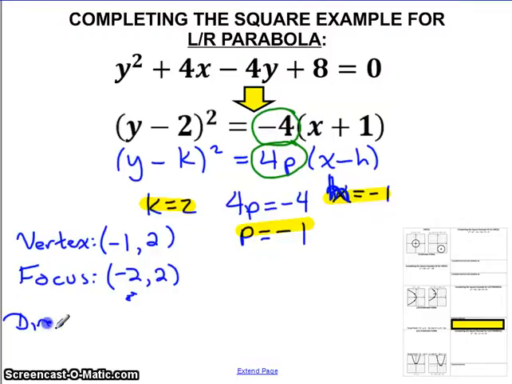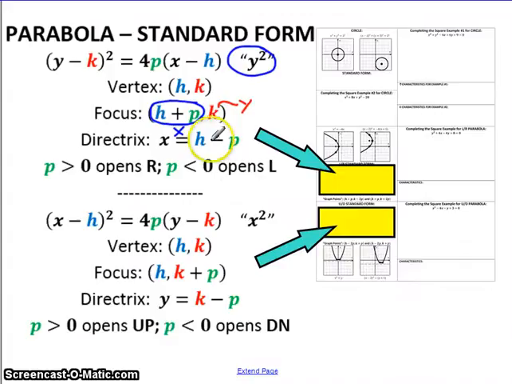The directrix line, same idea. Our formula for the directrix line is h minus p. We're going to end up with a vertical directrix because we have a parabola that's opening to the left in this case. If it's a left or right parabola, then we have a vertical directrix. A vertical line has the equation x equals something.